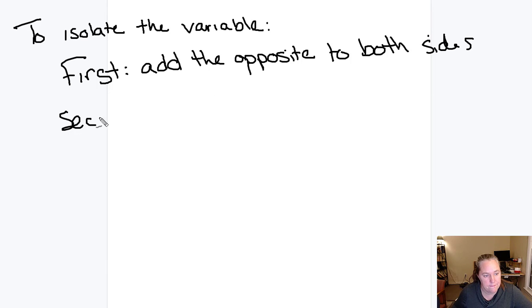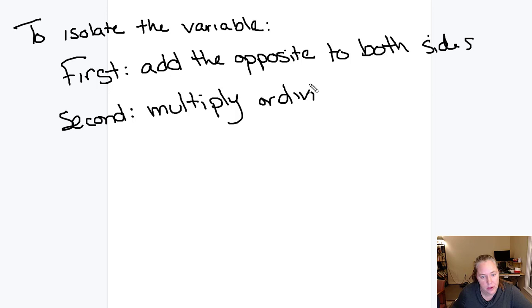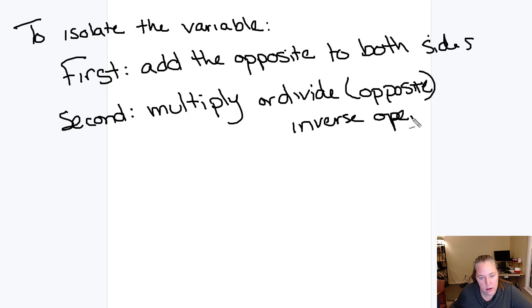Second, multiply or divide. Again, it's going to be the opposite. Do the opposite, the inverse operation. Okay.